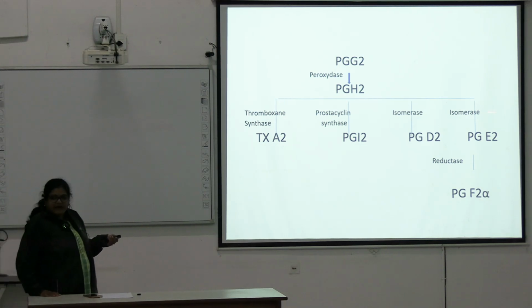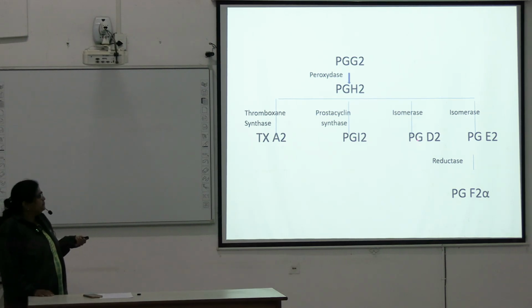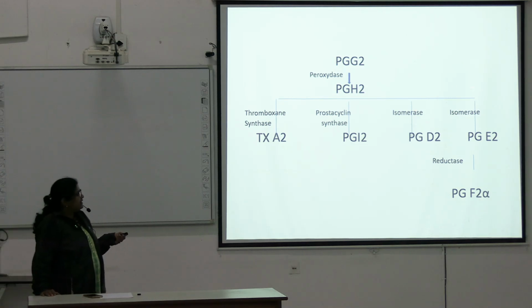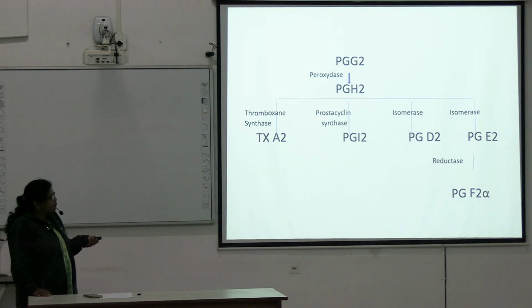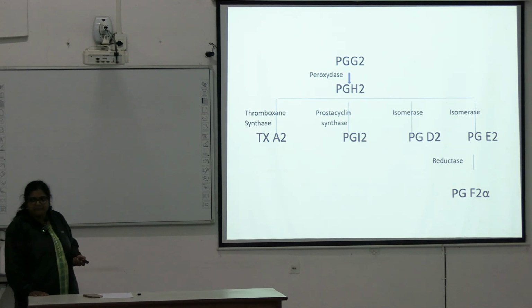By isomerase it is converted to PGD2 and PGE2, and by reductase the PGE2 is converted to PGF2 alpha.